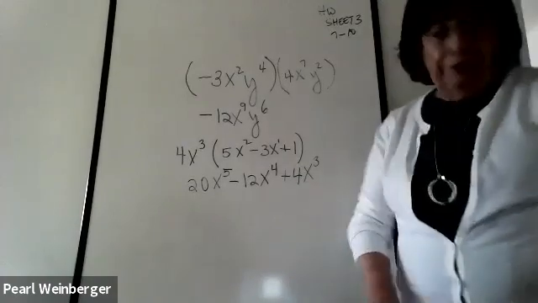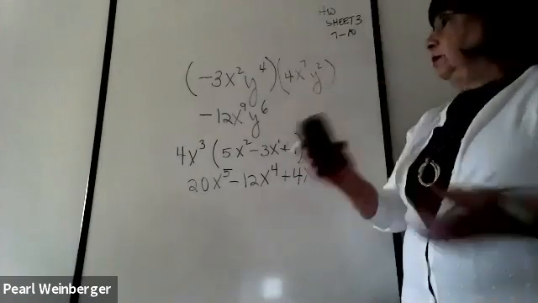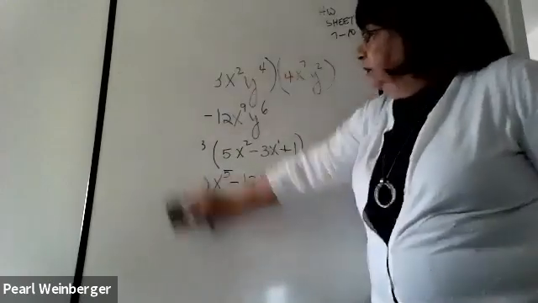Okay, let's see. I'm going to give you one to try, and then I'm going to just remind you what you have to do for homework. Okay, let's see if you can do this example.